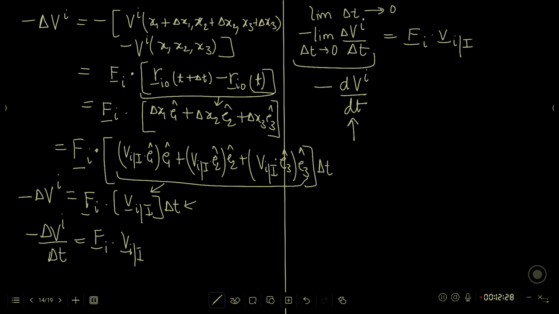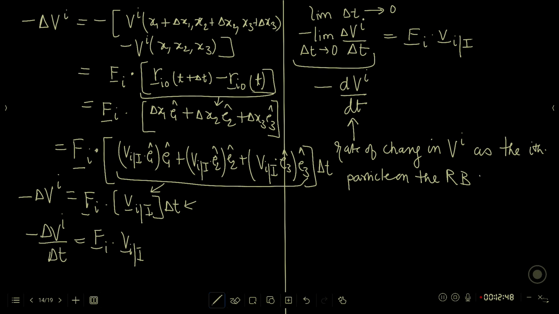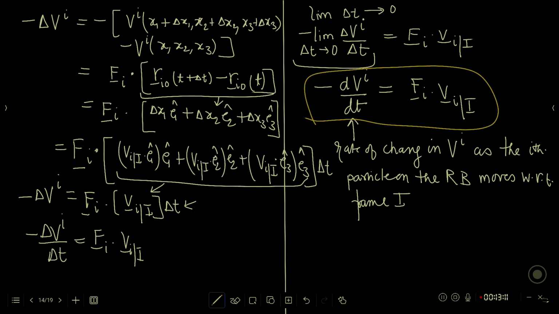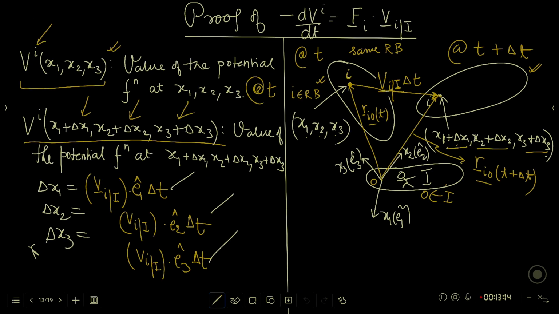But the understanding is the rate of change in Vi as the ith particle on the RB moves with respect to frame I. This is the meaning of this operator, the way I am using, and that equals Fi dot Vi I. This is what I wanted to prove.